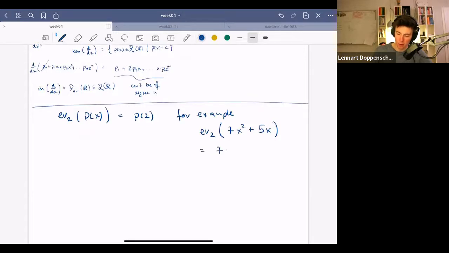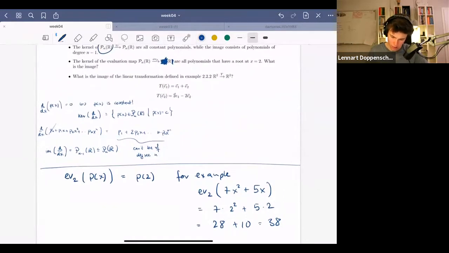So you're going to have 7 times 2 squared plus 5 times 2. So it's going to be 7 times 4 plus 10, which is 38.